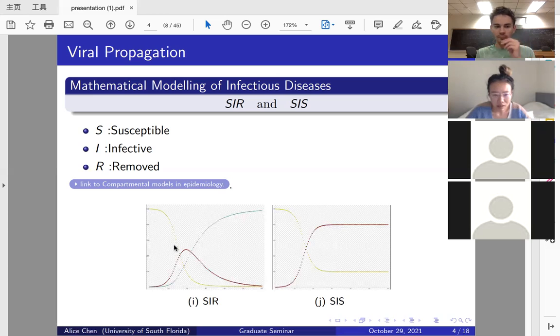The yellow dotted line here means the susceptible population, and then the active infected, and the last one shows people who were removed, I mean healthy or dead. You can see that at the very beginning everybody was healthy, and as time goes on, more and more people get infected.